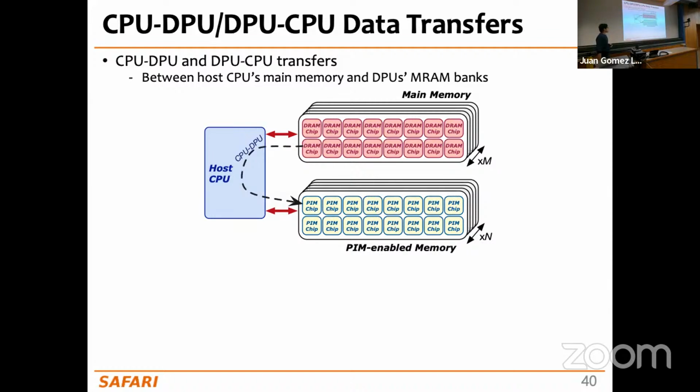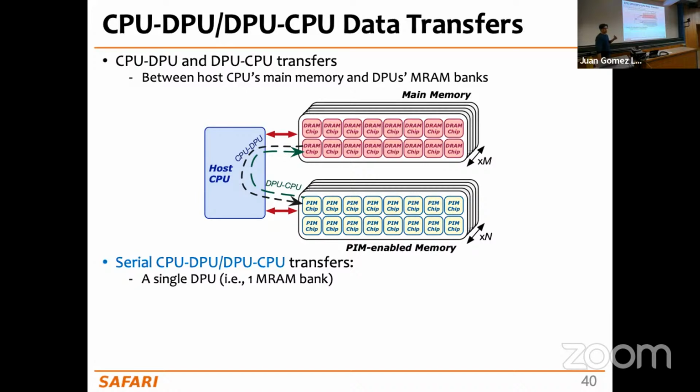Anyway, terminology. This is what we call a CPU to DPU copy. You could use a different name if you want. We decided to use CPU to DPU. I think it's pretty clear what it means. And this is a DPU to CPU data movement or memory transfer.